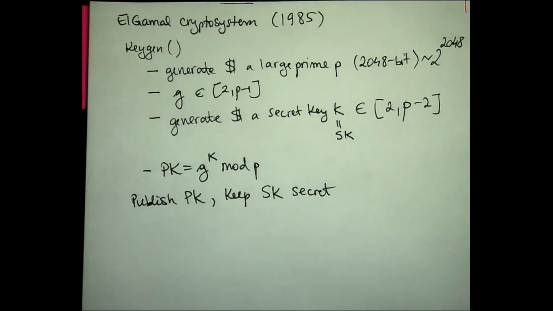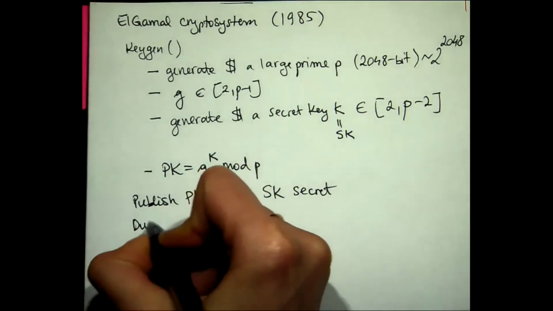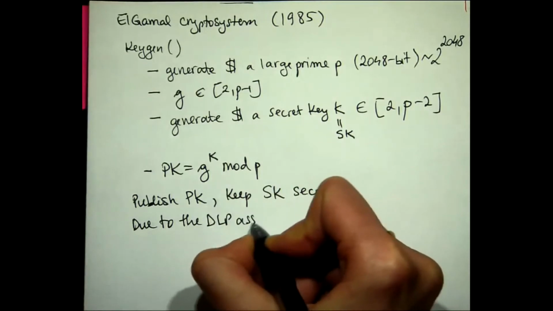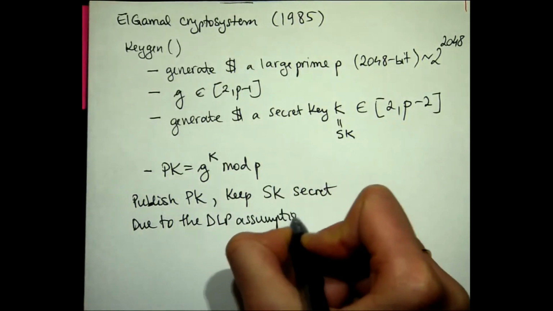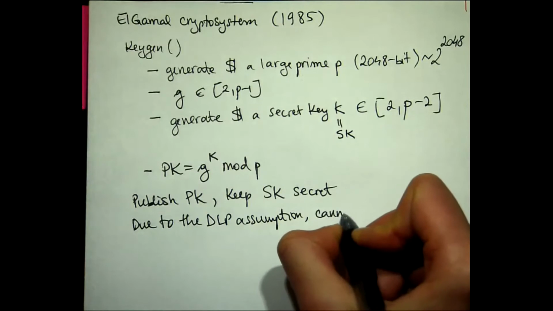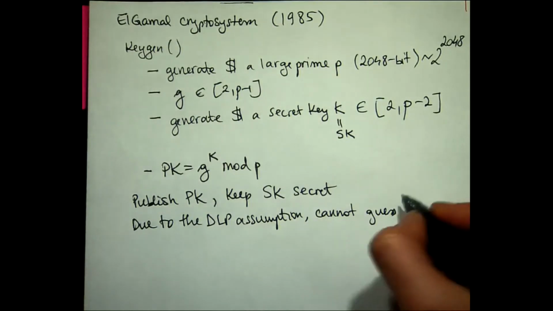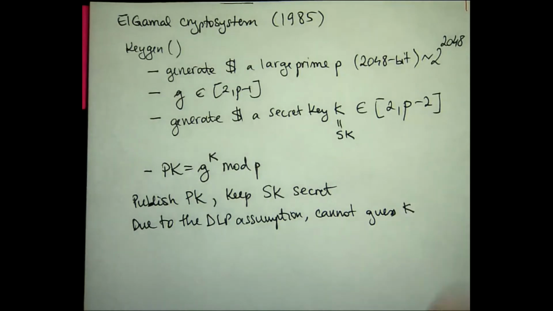Okay, it's a cryptographic assumption that is very difficult to solve. So due to the DLP assumption, you cannot guess K. All right, great.